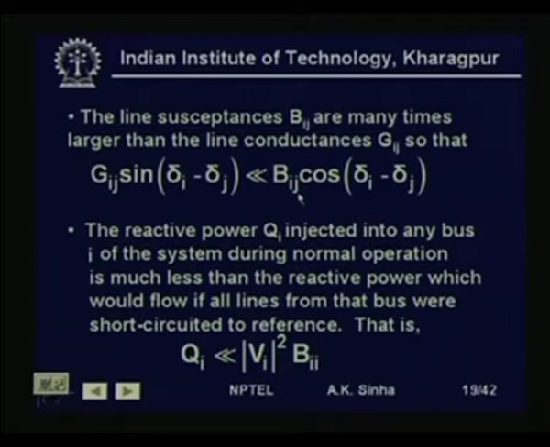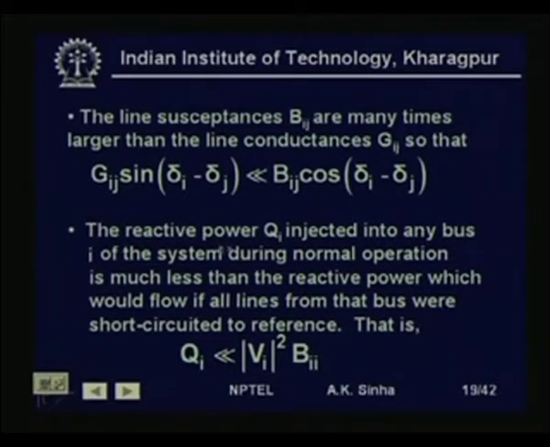So this term will be B ij, and G ij is much smaller, and sin(delta i minus delta j) is equal to delta i minus delta j radians only. Therefore, this whole term is much smaller than this term, and can be neglected in comparison with it.